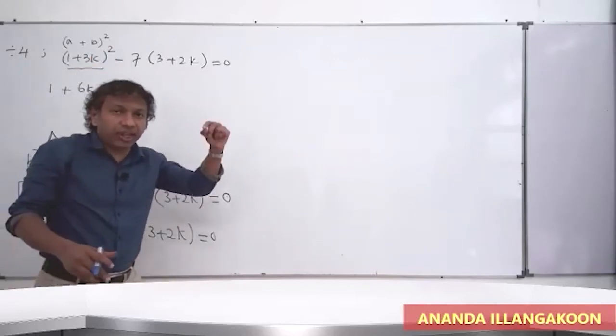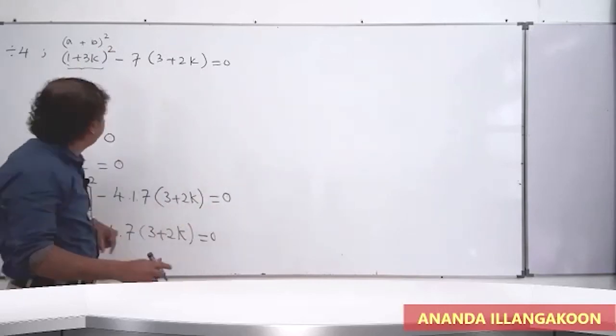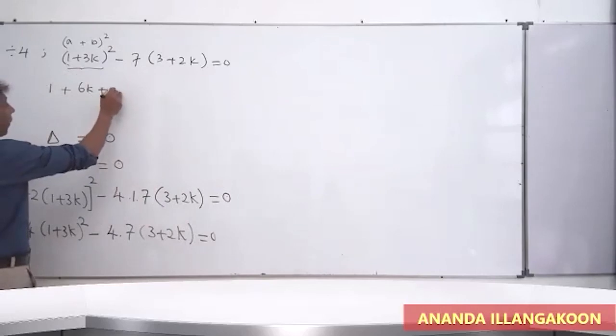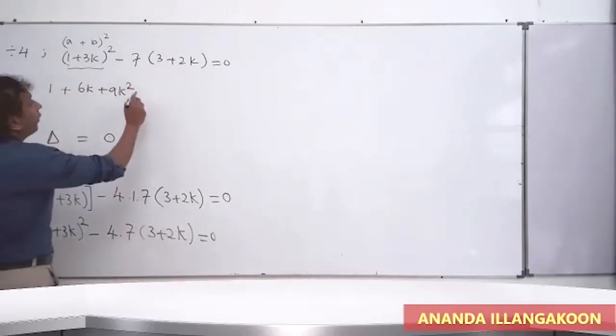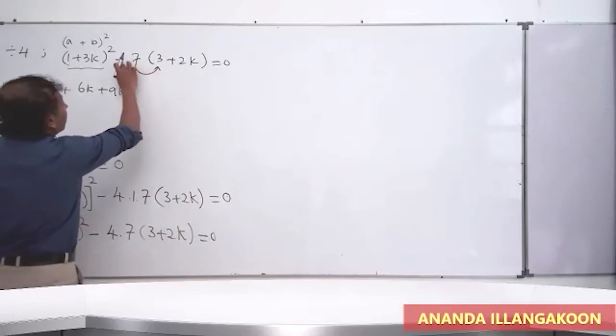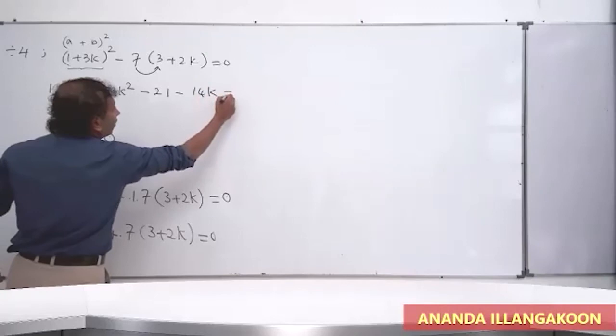We have to square 3 as well as k. 3 squared is 9, k squared. Then remove the bracket here. Minus and plus make minus 21. Minus times plus is minus, here we get 14k equals 0.